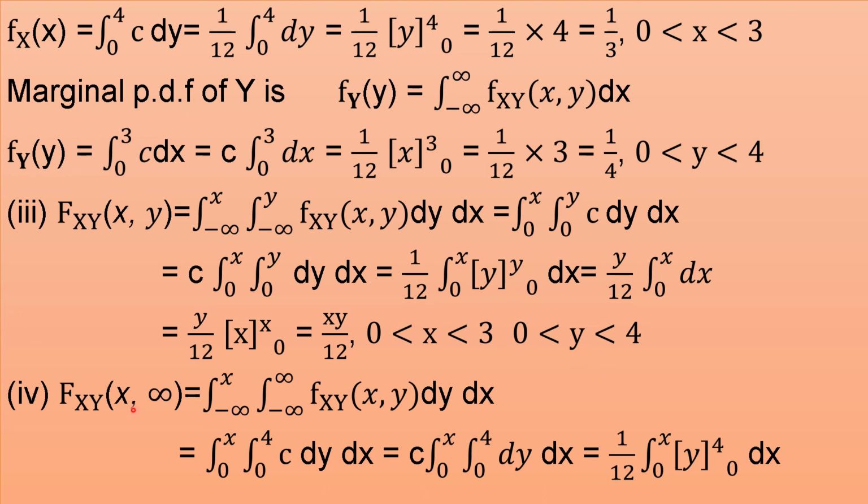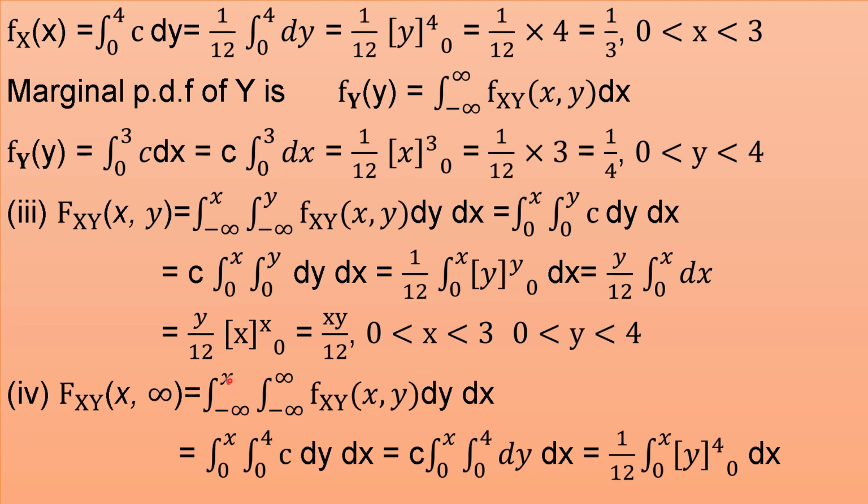Similarly, fxy of x comma infinity, the marginal CDF of x. So in the previous formula, in case of a continuous bivariate random variable, this is the formula for joint CDF. Now y is infinity, so you can put the upper limit y as infinity. Y varies from minus infinity to plus infinity.